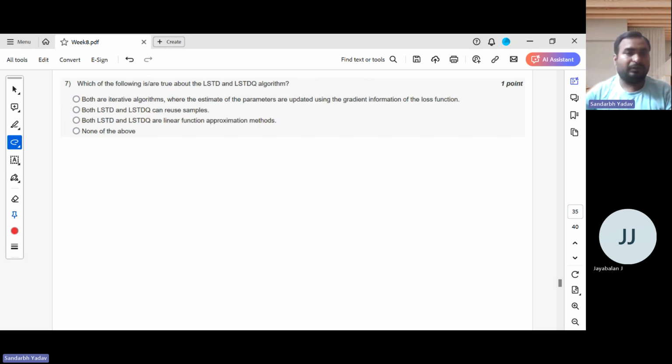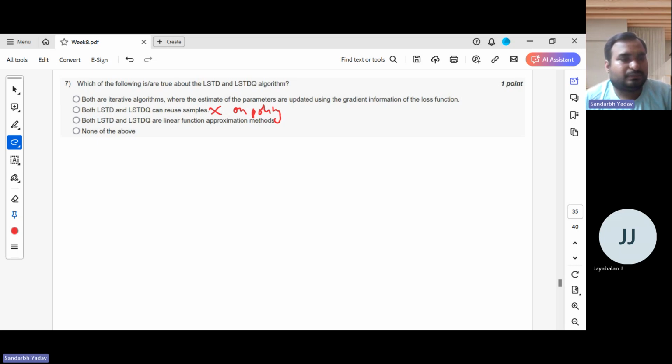Now, which of the following are true about the LSTD and LSTDQ algorithms? I think we saw a similar question before also, but some of the options are different here. This we already saw: both LSTD and LSTDQ can be used, but not off-policy, because it has to be on-policy. For the other options, you need to see.